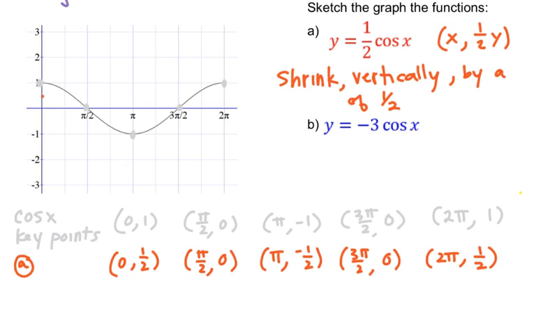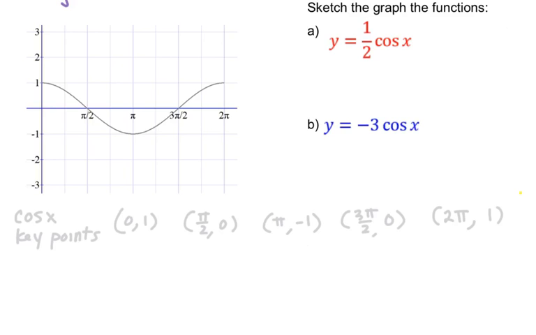So marking these points on my graph, they would look like this, and they create a graph that is smushed or shrunk vertically. It has less amplitude, and in fact, we'll go so far as to say the amplitude is 1/2. It's that positive a value, 1/2.